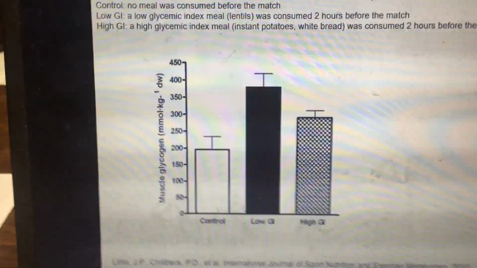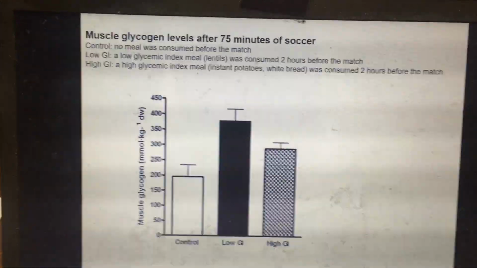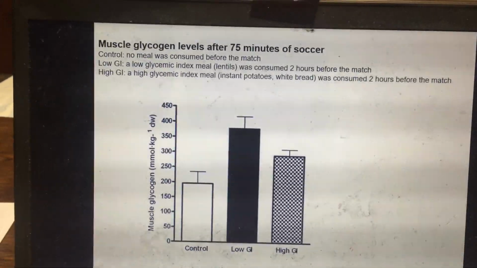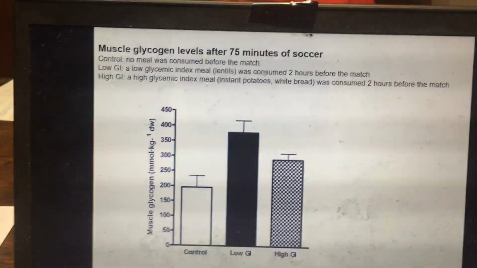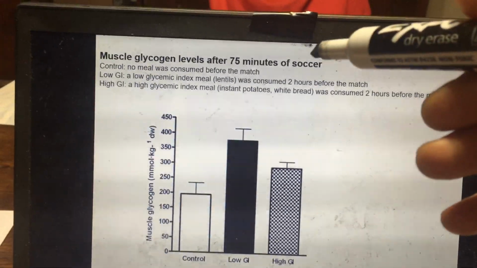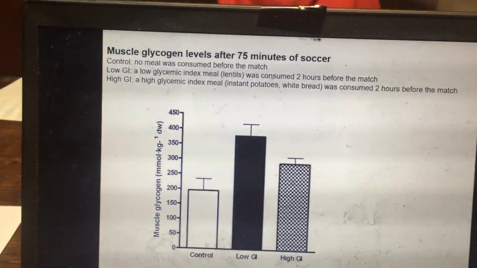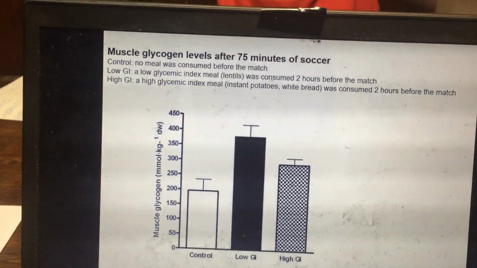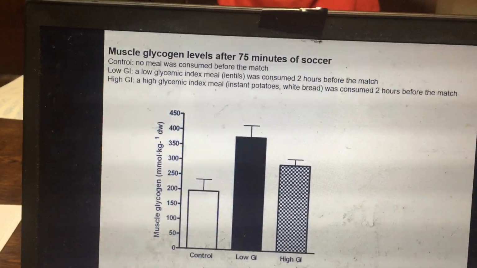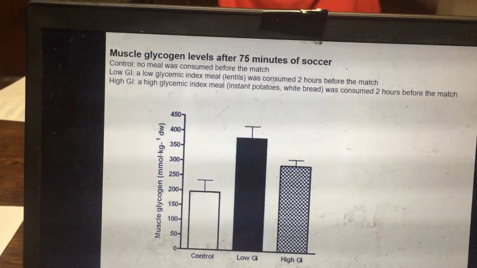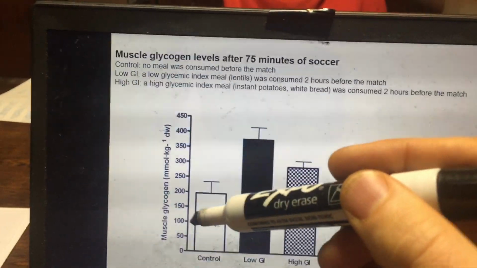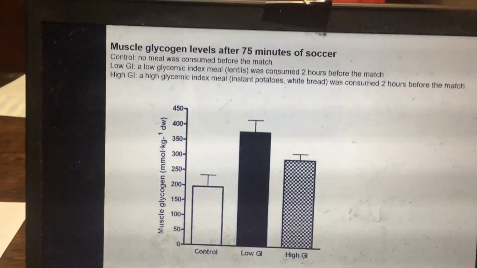This next graph is from a different study we ran where we actually took muscle biopsies late in a simulated soccer match. You can see it was at the 75-minute mark. Again, this was after feeding players either low glycemic index foods or high glycemic index foods before the match, and the control condition is just feeding them nothing.